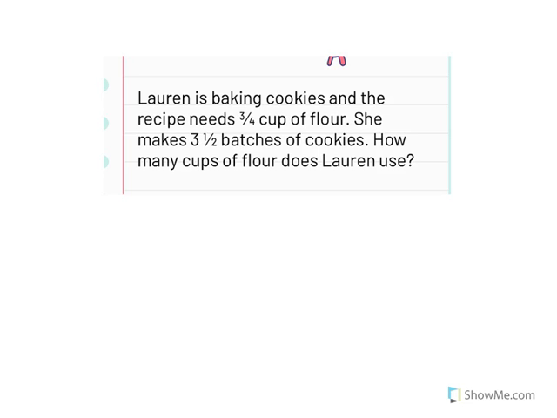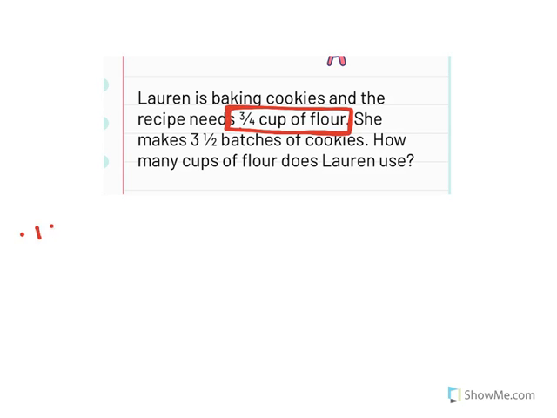All right, this says Lauren is baking cookies and the recipe needs 3/4 cup of flour. She makes 3.5 batches of cookies. How many cups of flour does Lauren use? All right, I know the recipe calls for 3/4 cup of flour. So this is how much one recipe or one batch would need.